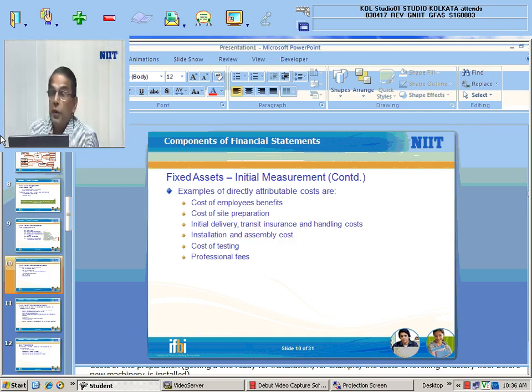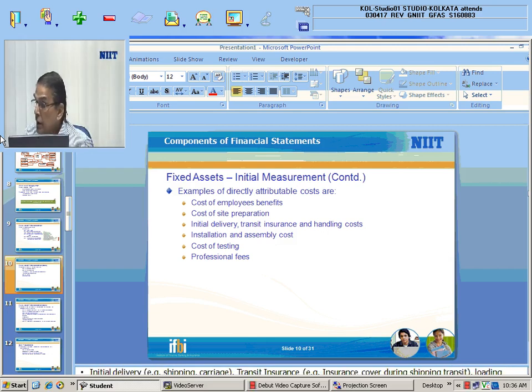So during the sea voyage, it has to be insured, because otherwise, if the ship sinks, that machinery sinks, then the entire money will be lost. It has to be insured by transit insurance, the cost of that insurance. Loading, unloading. At the port, there will be unloading charges. At the factory, again it has to be loaded into some other transport, and again brought to the site of the factory, unloaded. So these are loading, unloading charges.